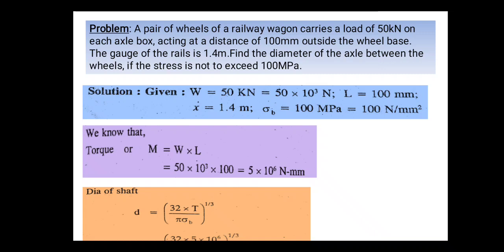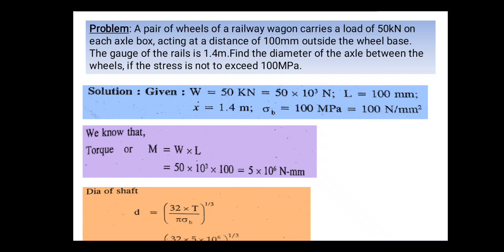The gauge of the rail is 1.4 meter. That distance is considered as X, 1.4 meter. And find the diameter of the axle between the wheels if the stress is not to exceed 100 megapascal.